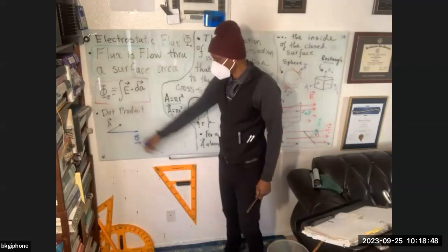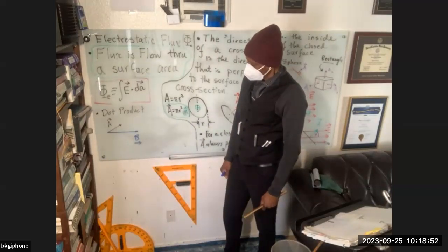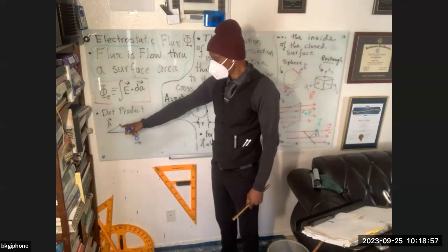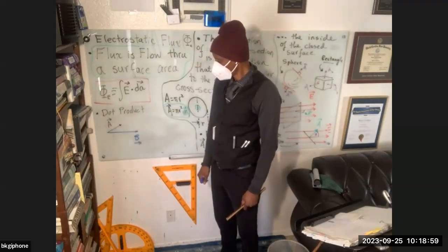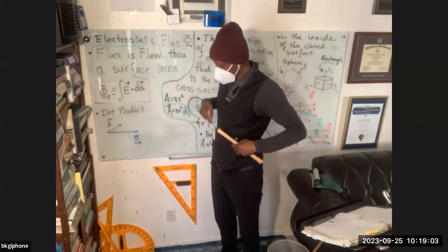If I take a dot product, what I can see here is that A dot B. If I drop a perpendicular from A to B, then I'm going to make a right triangle.